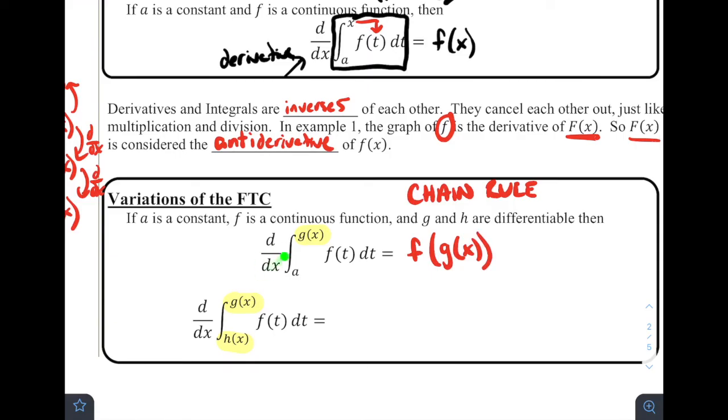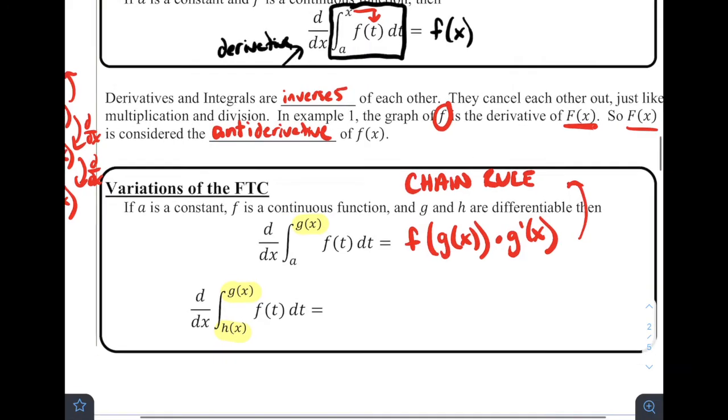But because we're taking the derivative, we need to multiply by the derivative of the inside function, and we do in fact end up with g prime of x. So the derivative of the integral from x equals a to x equals g of x of f of t dt is f of g of x times g prime of x, which is exactly what the chain rule is.